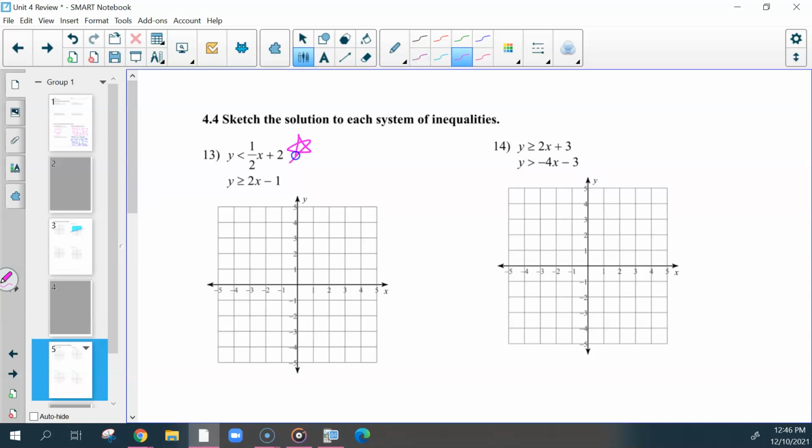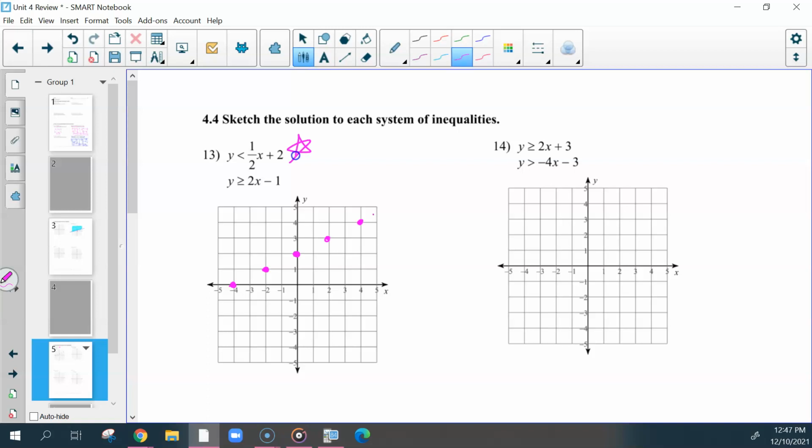So for this one, this is going to have a y-intercept at 2 and a positive slope of 1/2. So we're going to go up 1 to the right 2 as many times as possible, and down 1 to the left 2 as many times as possible. This one would be a dashed line because it doesn't have the equal to.